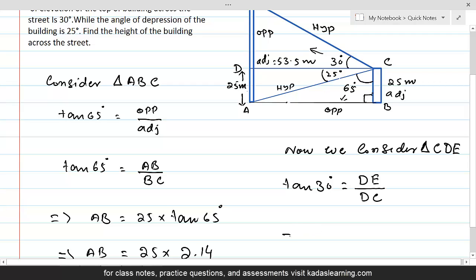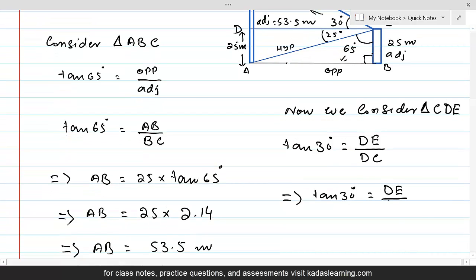This means tan of 30 degrees is equal to DE, which we are interested in finding, over 53.5.